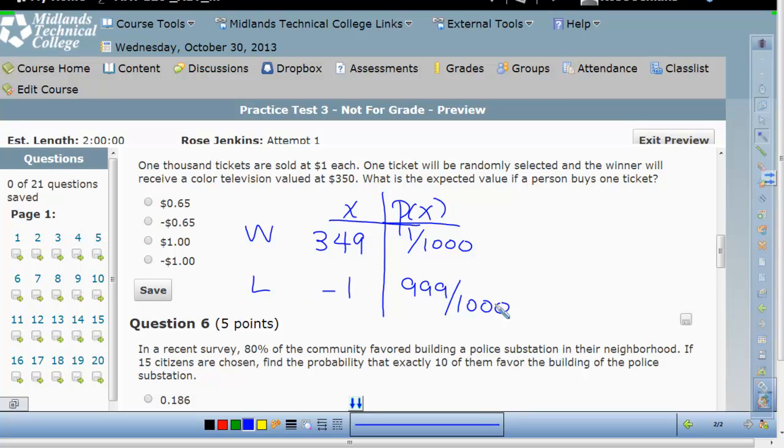And then from there, we can calculate the expected value, which is just another name for the mean. Expected value is just the summation of X times P of X. Or, in this case, we get 349 times 1 over 1,000, so I'm just putting 349 over 1,000, minus 999 over 1,000.